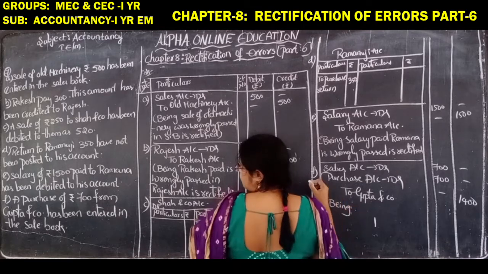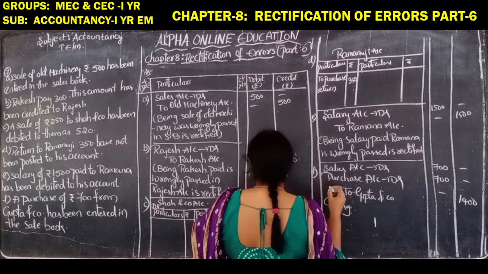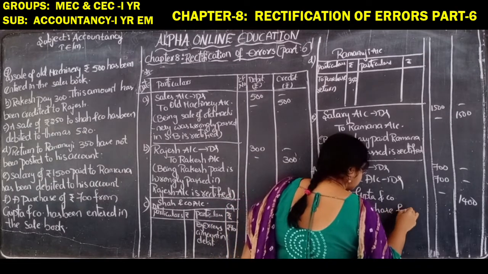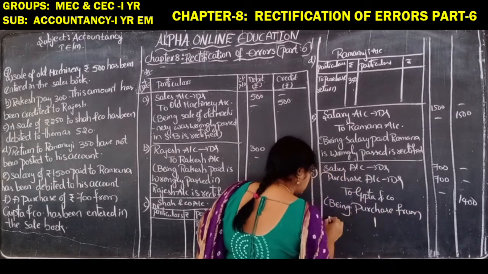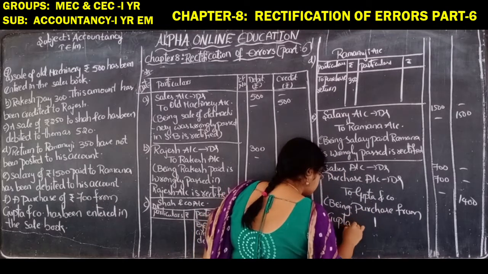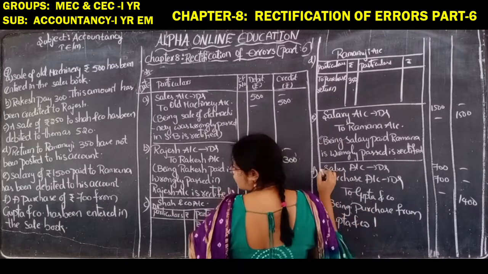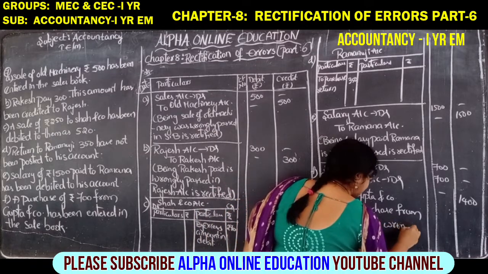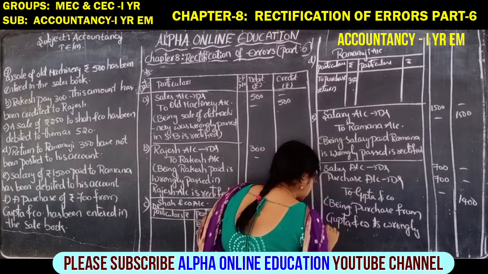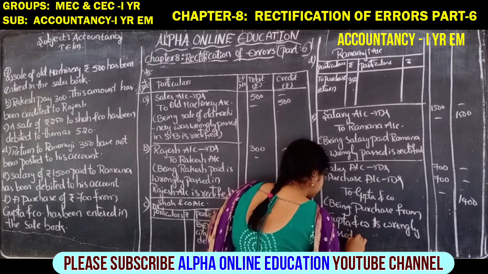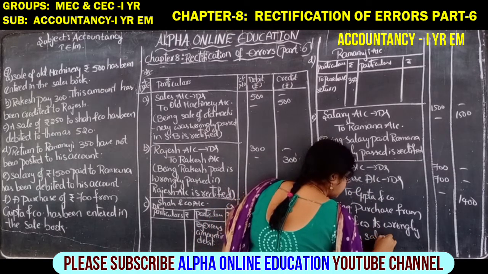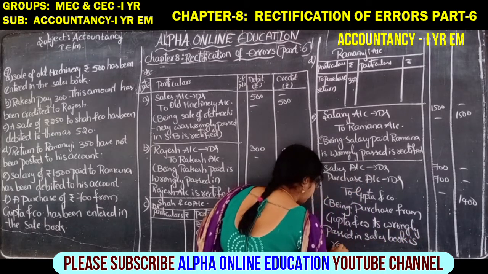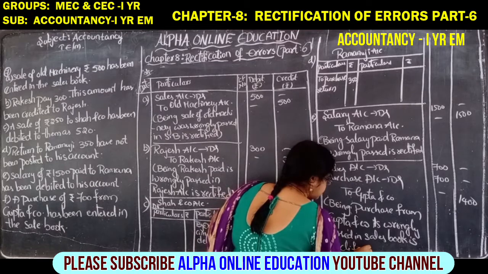Being purchase from Gupta and Co is wrongly passed in sales book is rectified.